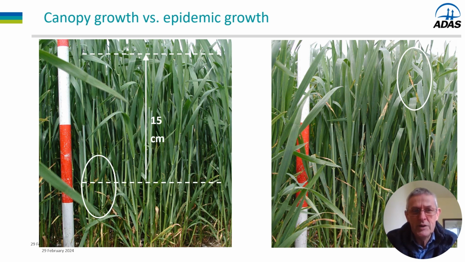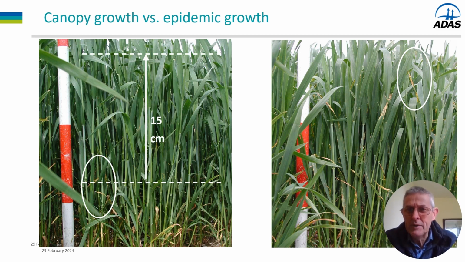The efficiency of dispersal goes down about 5-fold for each 10 centimeters of vertical distance. So the ability of those spores to reach those upper leaves is really going to require some quite intense rainfall, and the number of spores arriving is going to be lower.